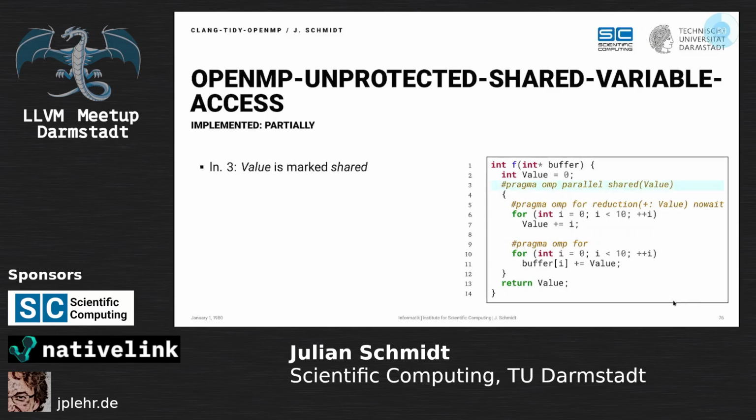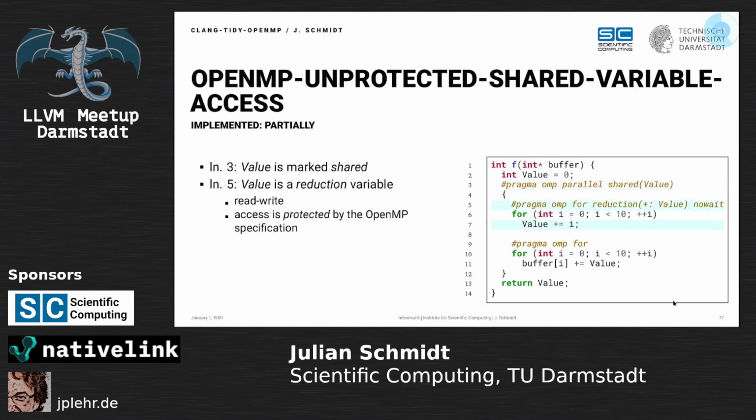To do that, we're using a recursive AST visitor again, with a stack-based approach. If we encounter, for example, this parallel and we say value is shared, then onto the stack we push that value is declared shared.